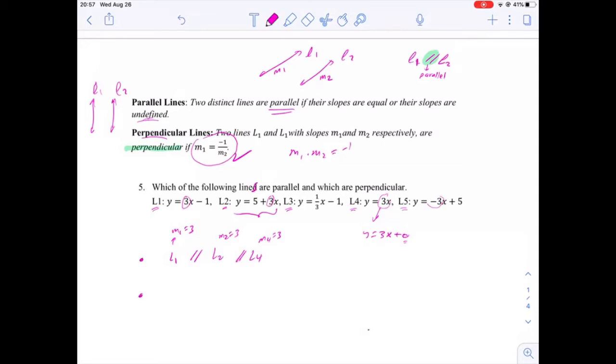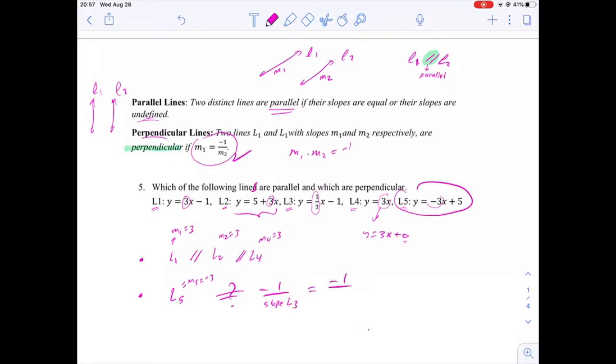For perpendicular, we want the slope of one of them to be the negative reciprocal of the slope of the other one. So let's look at the slope of L3 and L5. The slope of L5 is negative 3. Is it equal to negative 1 over the slope of some other line, like the slope of L3?